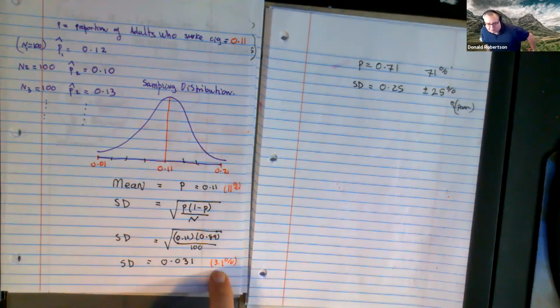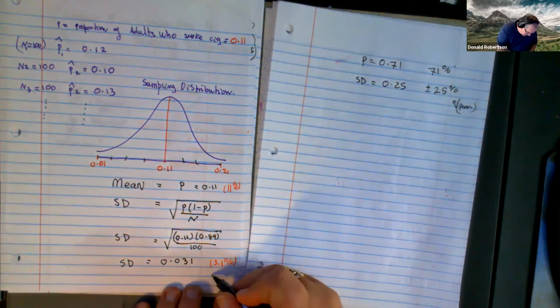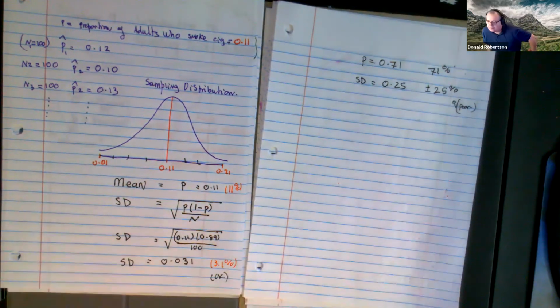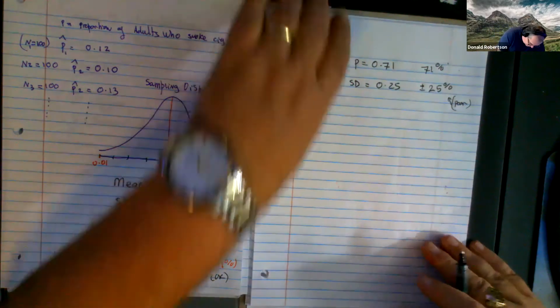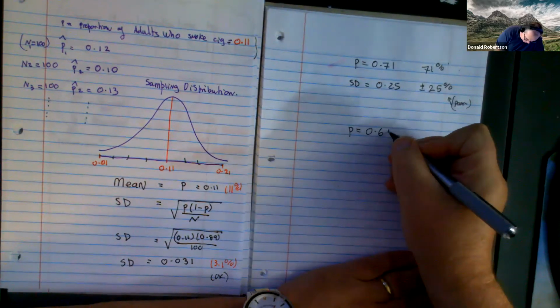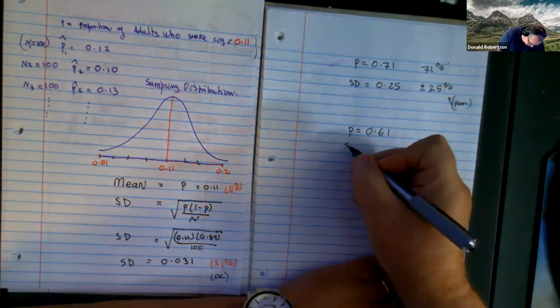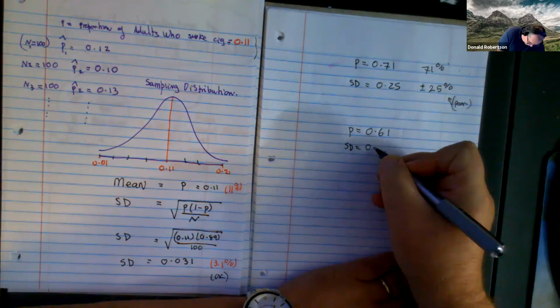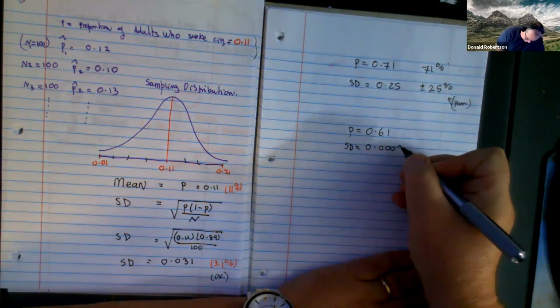Is 3 and a bit percent reasonable? Would you like better? I think I would like better. But would you say that's okay? I wouldn't want to spend my house money on it, but I would be reasonably okay. Just for completeness' sake then, suppose we did a different sample and it came out as that, and the standard deviation came out as 0.0005.